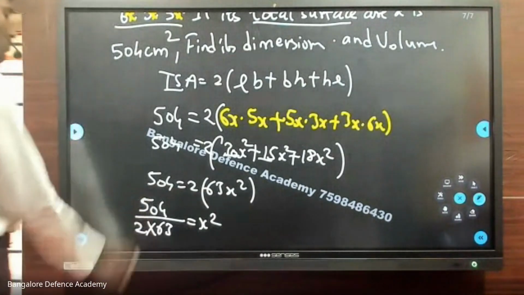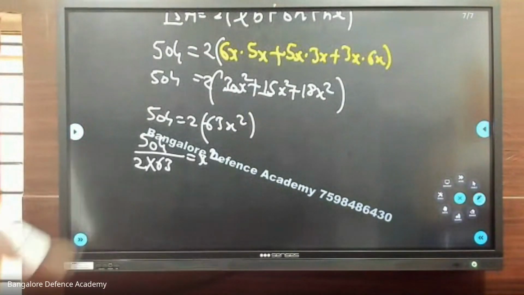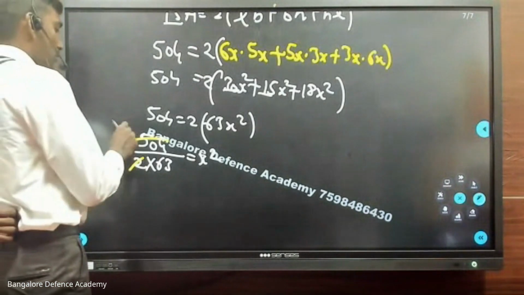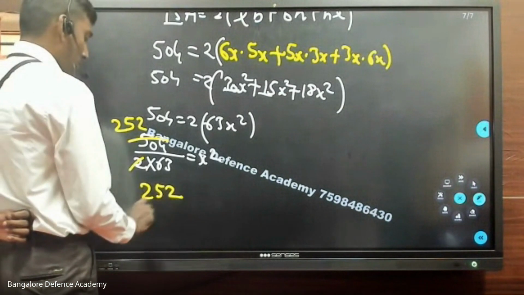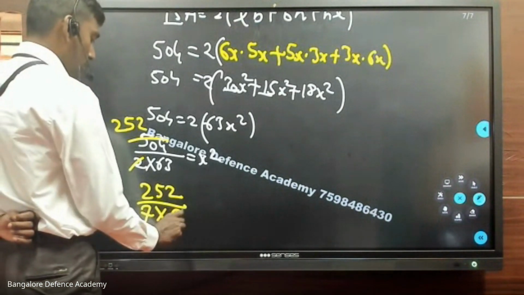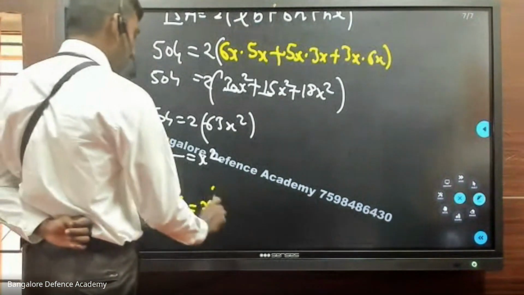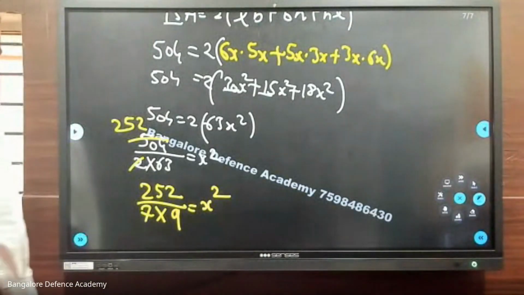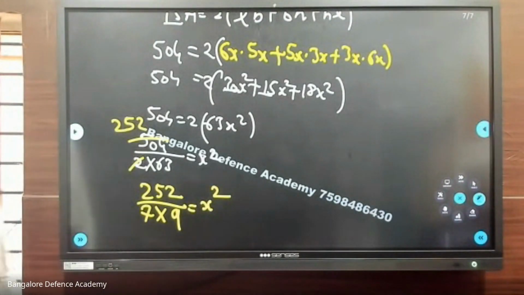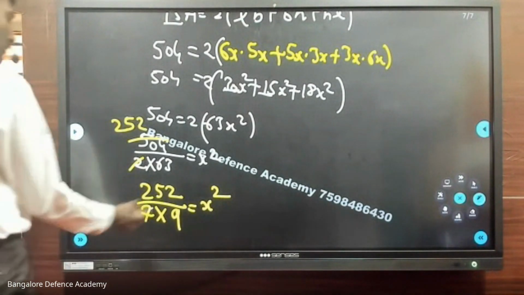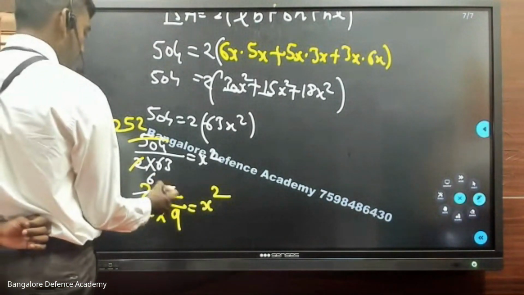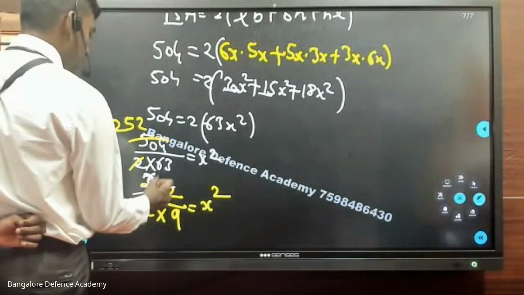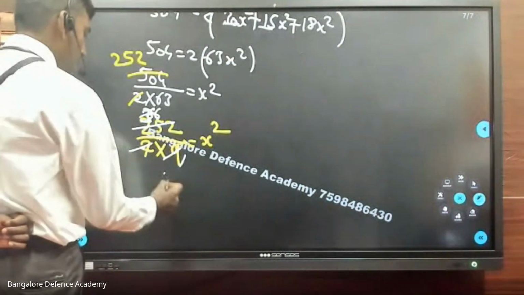We can divide this and make it a half: 2 into 4, that is 252, divided by 63 gives 4.